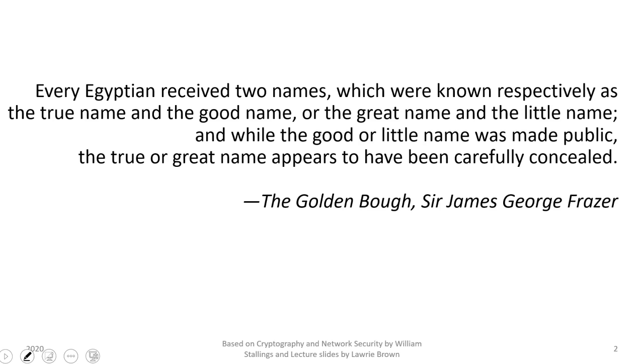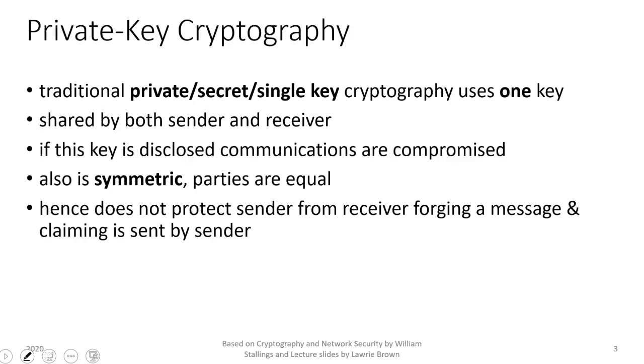But the main idea there is that some information is made public to be known by everyone, and then there is some other information that is kept private, so that it is only known to a select group of people.